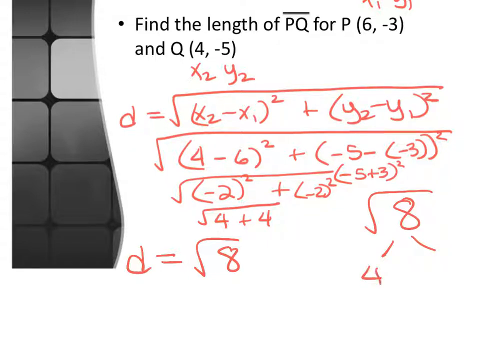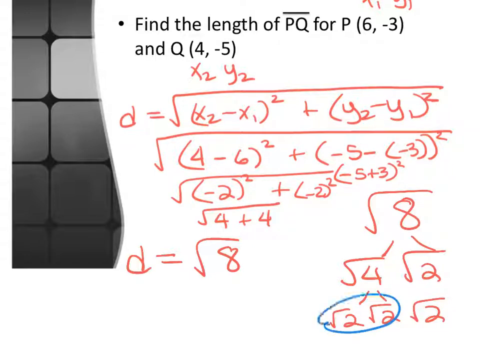So if you're good at breaking these down into a perfect square and realize that 4 is a perfect square, it becomes 2 radical 2. However, if you're not good at that, you're going to keep breaking it down till you get all prime numbers. And then when you have a pair, one of them will come out of the radical.